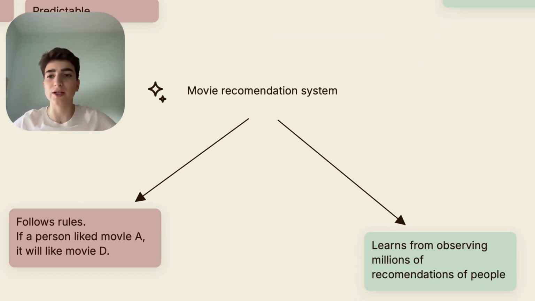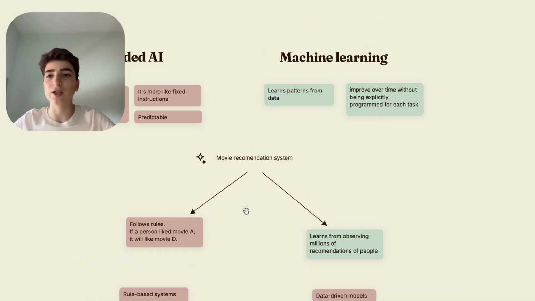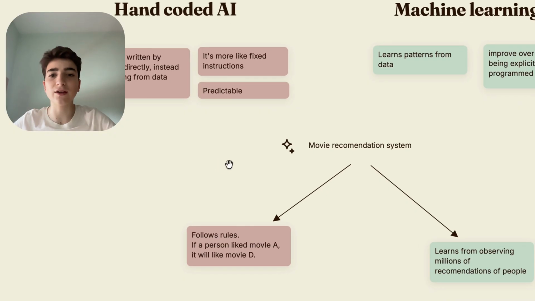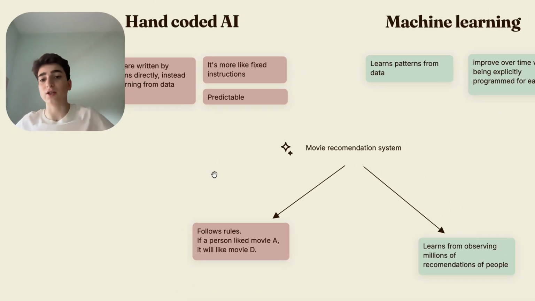So let's put an example. If we use these two, hand-coded and machine learning, we can use the example of a movie recommendation system. The hand-coded AI follows the rules, as we said.